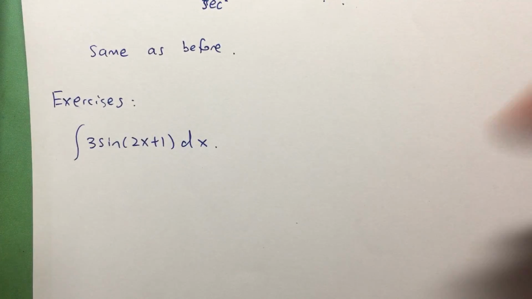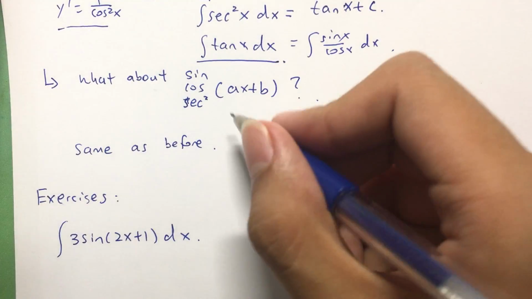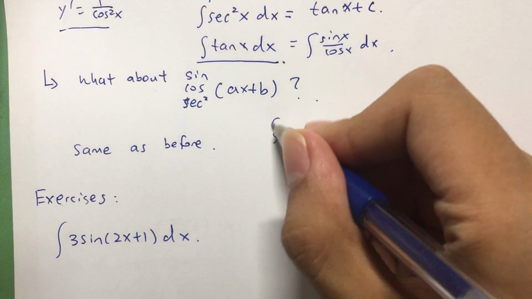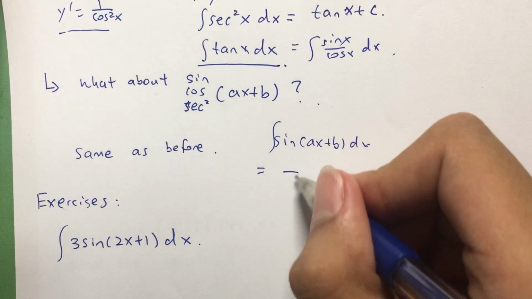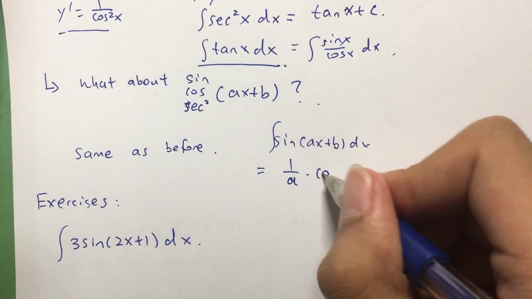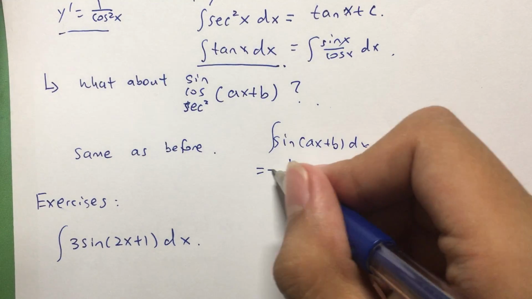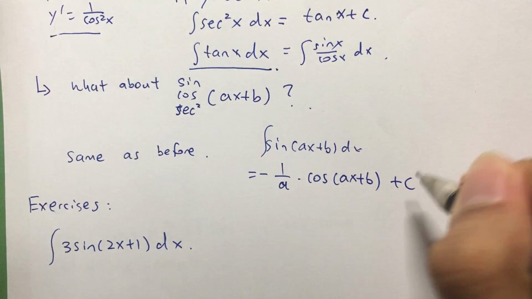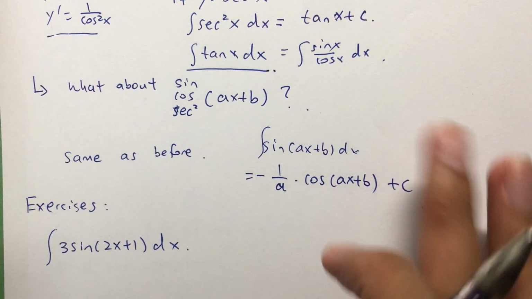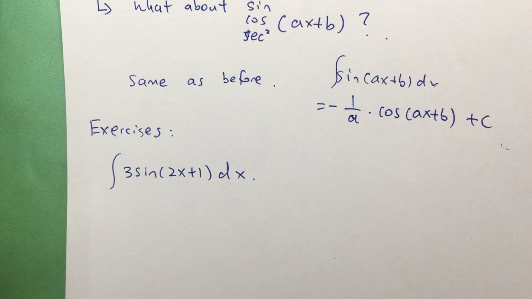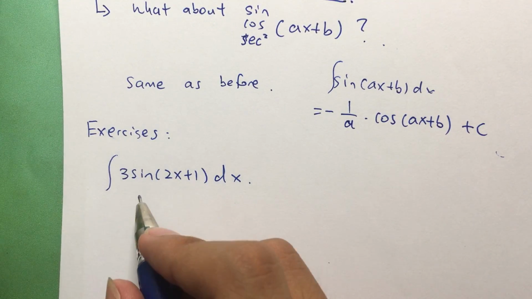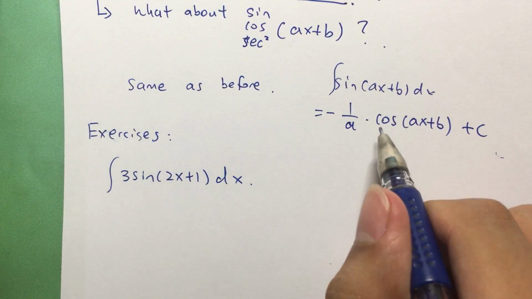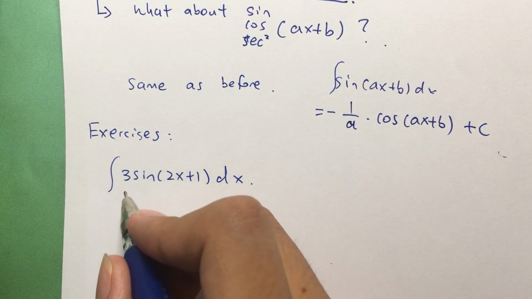Okay, now there's an exercise. Well, I can write it here. For sine ax plus b dx, this is equal to 1 over a times negative cosine ax plus b plus c. And this is one of them. For this question, we can see that inside the sine is 2x plus 1, which means we need to use this formula, and the 3 at the front.